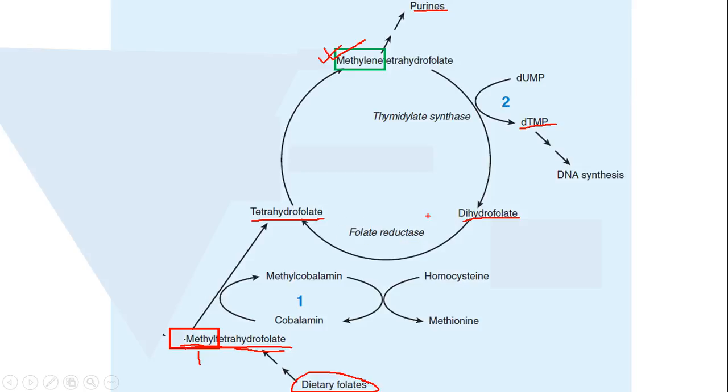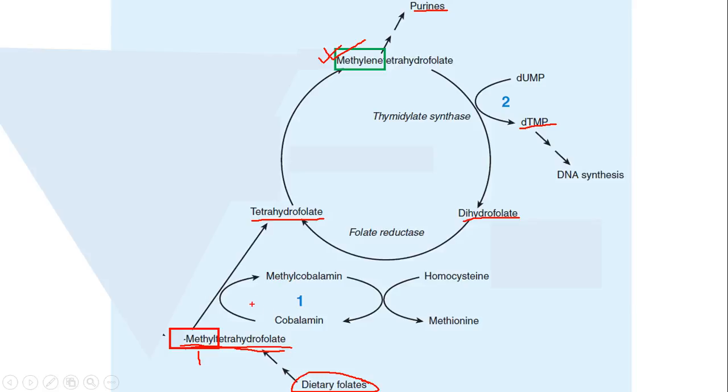It's the same. So the thing is happening like that. Now this is the importance of folate. This is why folate is important for purine and pyrimidine synthesis. No folate means no purine and pyrimidine synthesis.